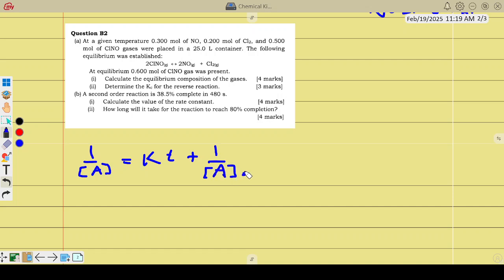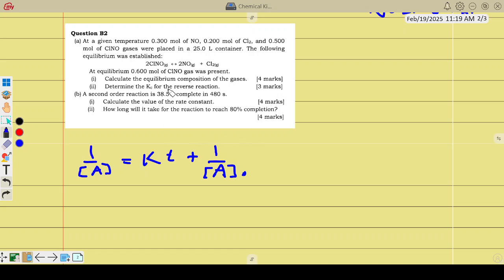So here we have this percentage: the second order reaction is 38.5% complete in 480 seconds. At least we know what to put for time. Since we don't have these concentrations, we'll definitely use the ratio.